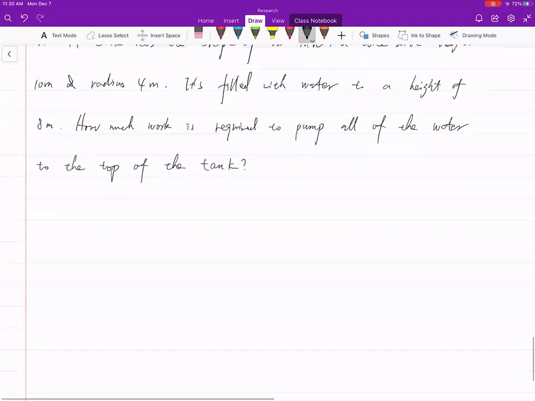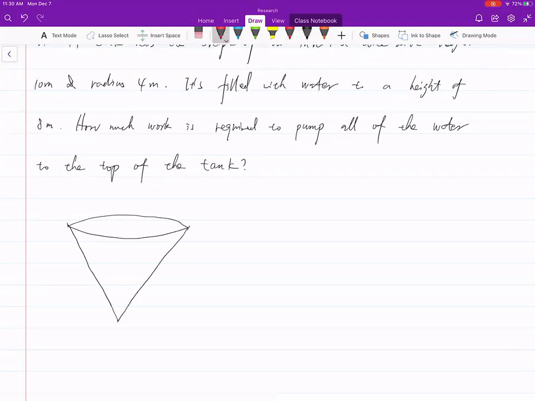All right. Here is the tank, and here is the level of water below the red part. Now what you do is you take a pump to drain all the water up.